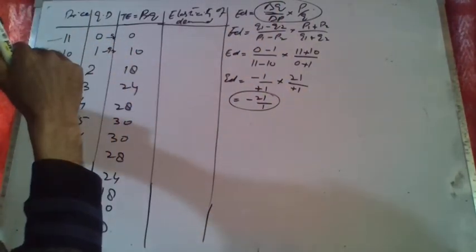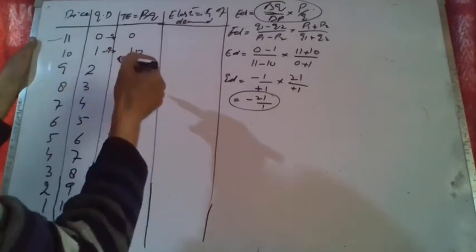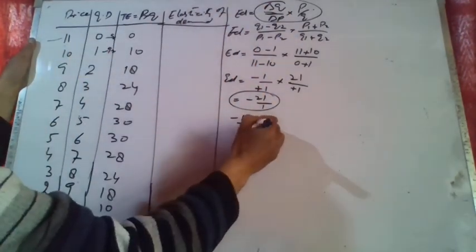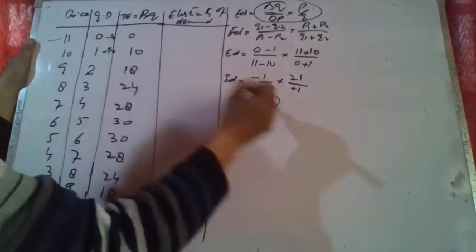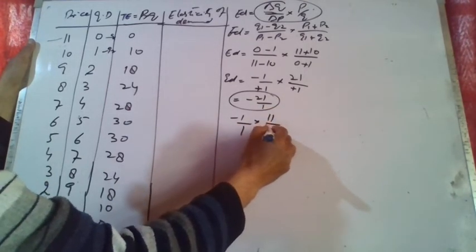When we use the formula delta Q by delta P into P by Q, the change in quantity is minus 1, divided by the change in price, 1, into P which is 11, over Q which is 0.